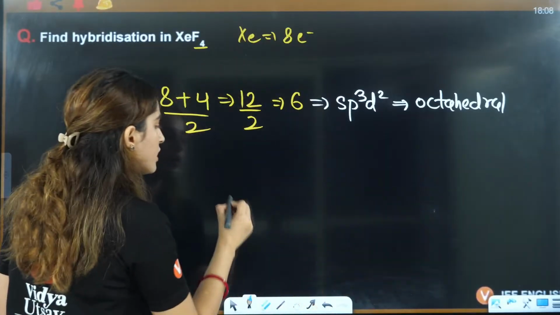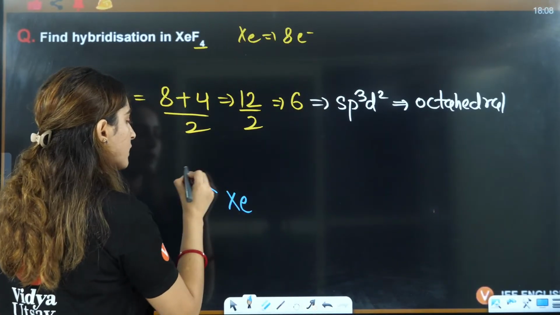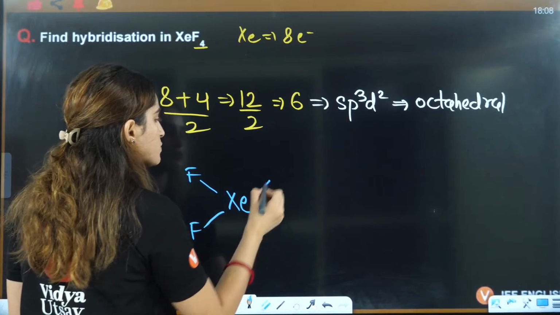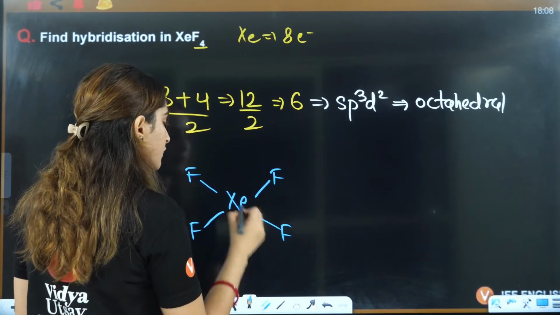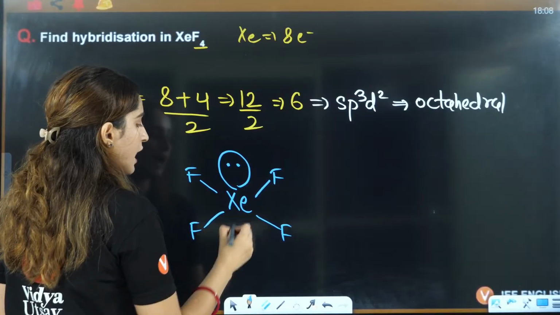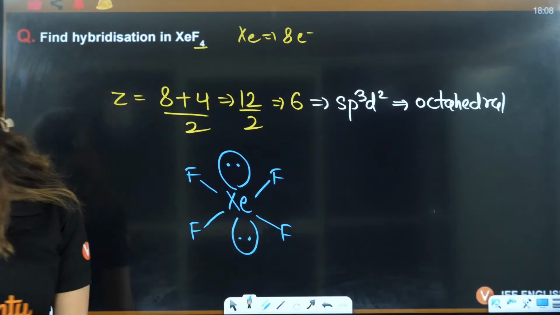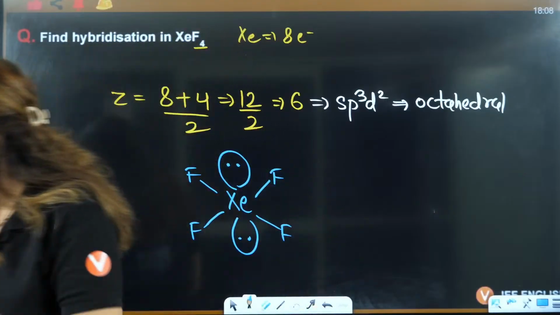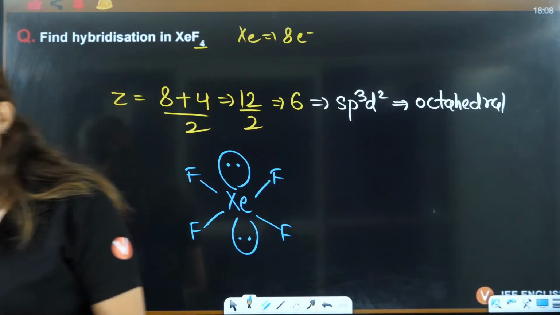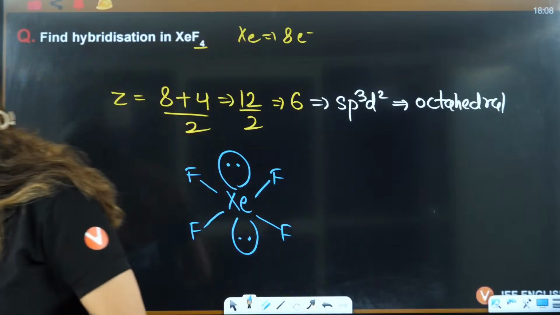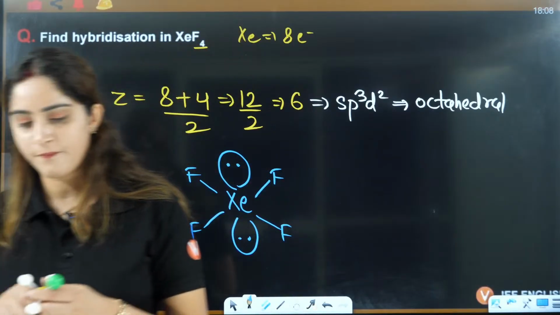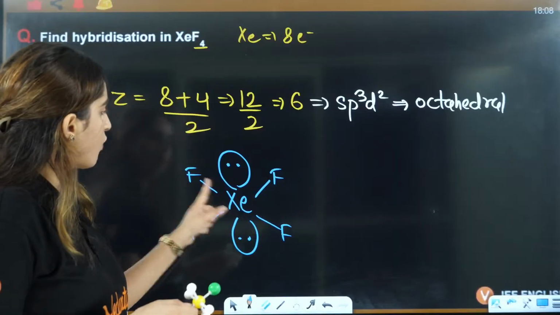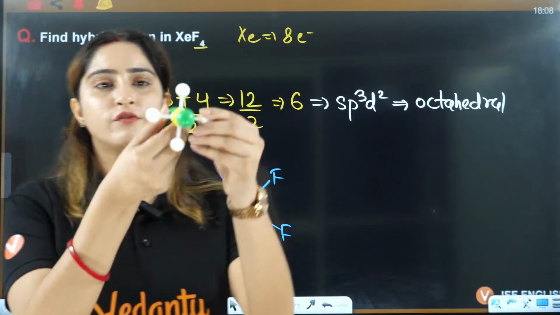So this will be xenon, and this will be fluorine, fluorine, fluorine, fluorine, and here you will have 2 lone pairs. So basically in this case you have 4 sigma bonds with fluorine, which I have drawn here in white.